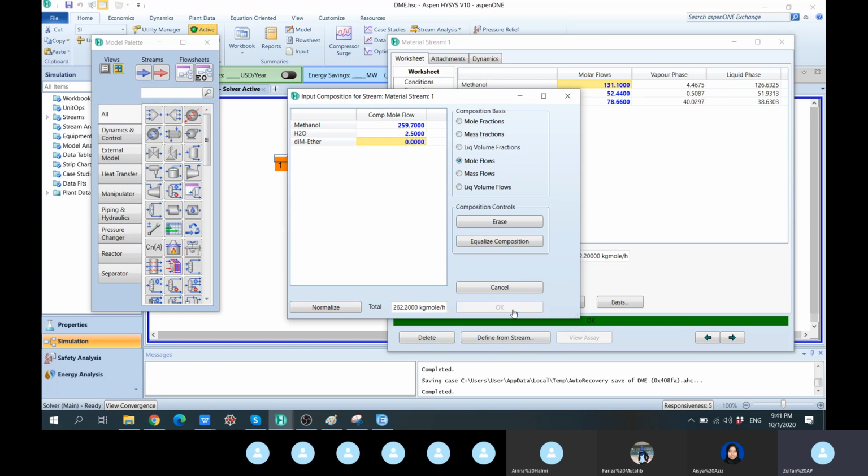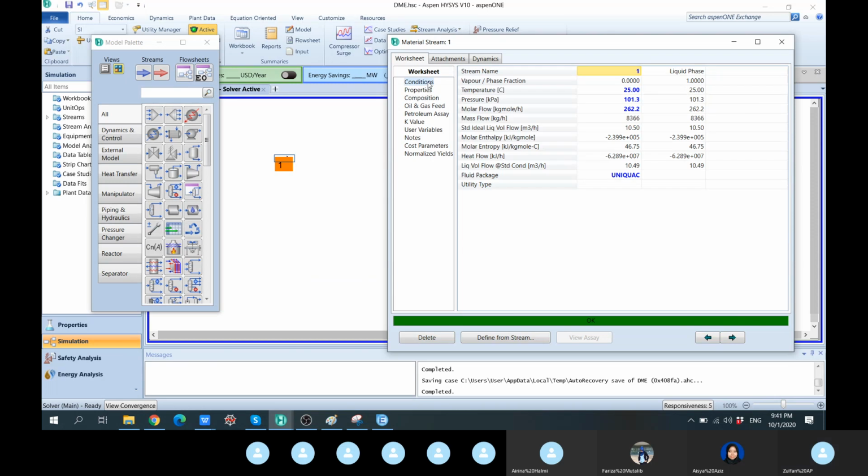So we have this molar flow rate, and at these conditions it is liquid, mostly methanol. We just put in a little water in this particular case because we don't really care in that sense.